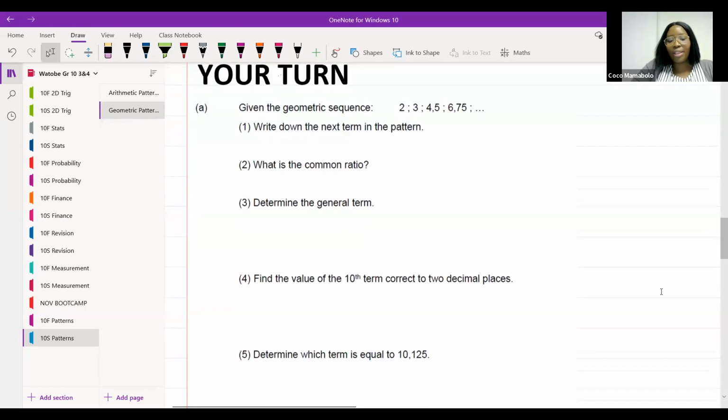Okay, I want you guys to look here. It says write down the next term in the pattern. Okay, but before we do this one, instead of doing number 1 first, let's do number 2, because number 2 is going to allow us to do number 1.